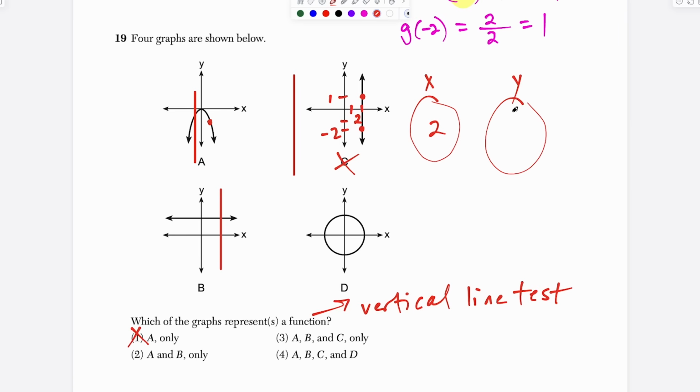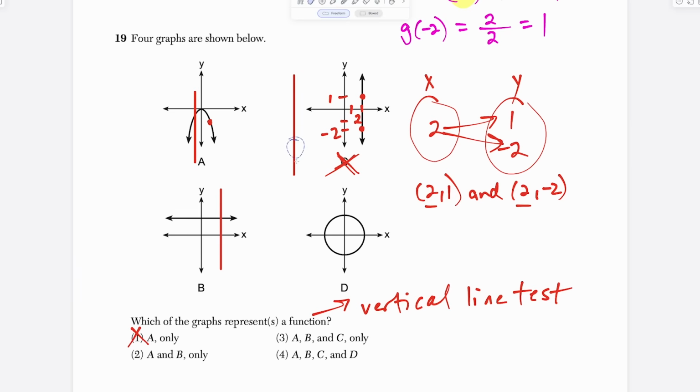I have it going to 1 and -2. And if your x is repeating for different y values, then you do not have a function. Okay, if I were to write these out as ordered pairs, that means I have the point (2, 1) and I have the point (2, -2) on my graph. So you see I have repeating x values and different y values. So that's another reason why C is out, other than the vertical line test.